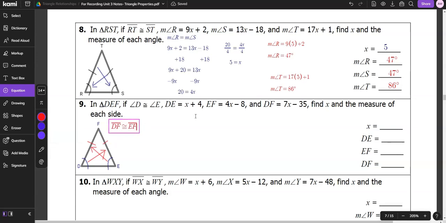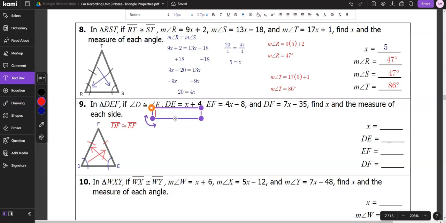Now we have enough information to solve for x and then find the length of each side. So we're going to set DF equal to EF. So now we're going to have 4x minus 8 equal to 7x minus 35.